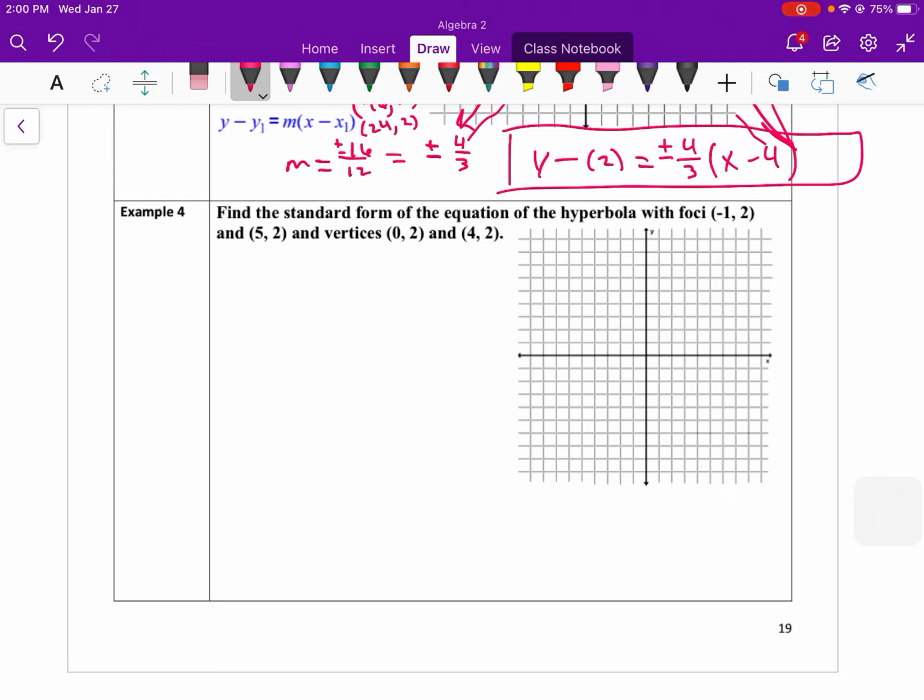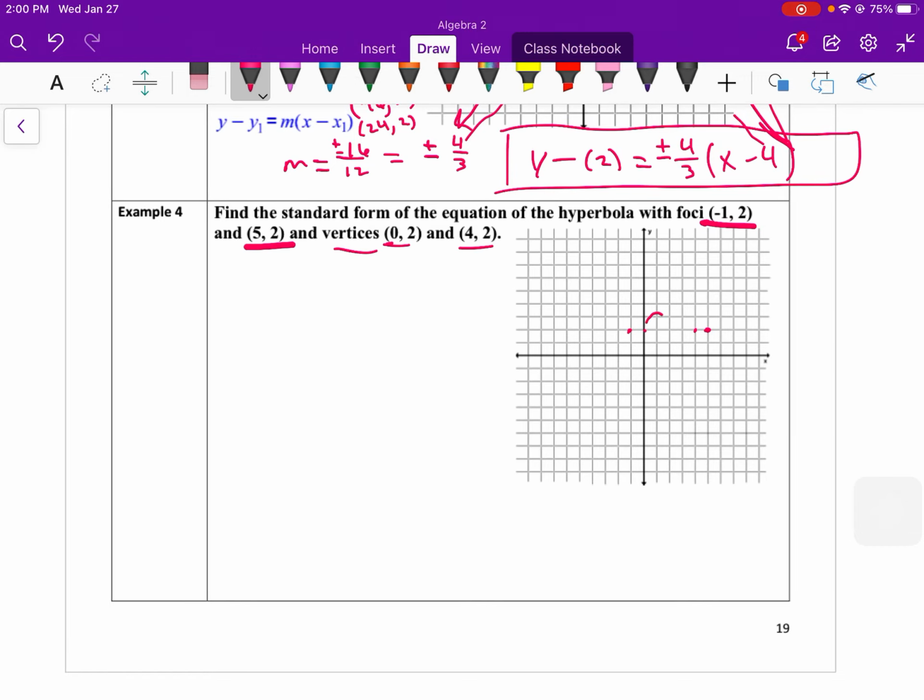So starting, it says it has foci of negative 1, 2, and 5, 2, so we can graph those. Negative 1, 2, and then 5, 2. And vertices of 0, 2 and 4, 2. To find our a value, a is associated with vertices.